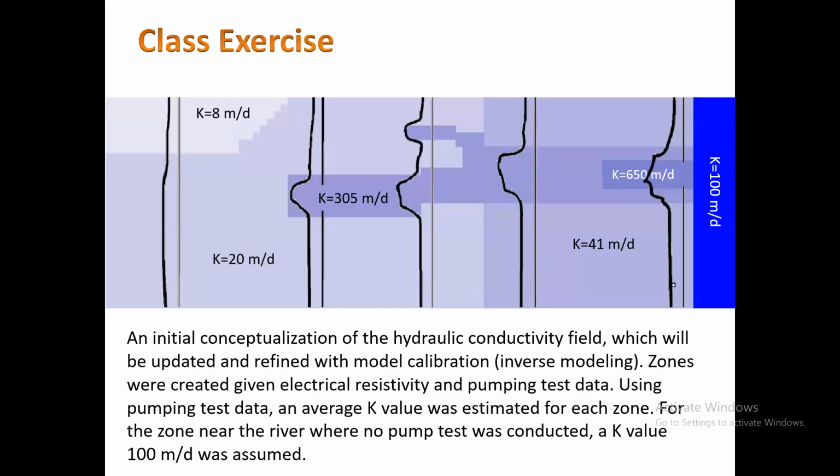If you give MODFLOW your hydraulic conductivity in each of these zones, MODFLOW would solve this equation and tell you head here would be this value, head here would be this value. So what MODFLOW will solve for is the simulated head value. Is this clear?